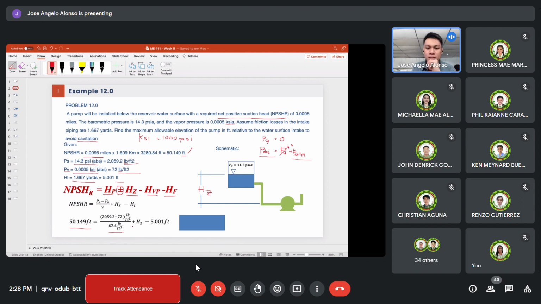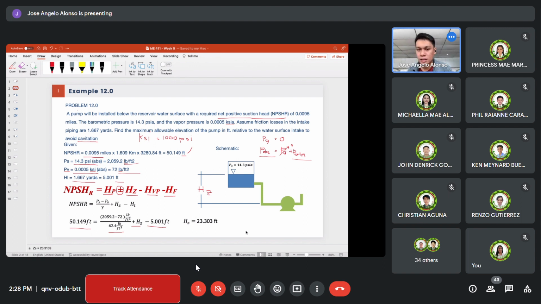Then ibawas natin ang friction loss, which is 5.001 feet. So one unknown, one equation. You try to solve for your own, class. We can get the value of the static suction head, which is 23.303 feet.